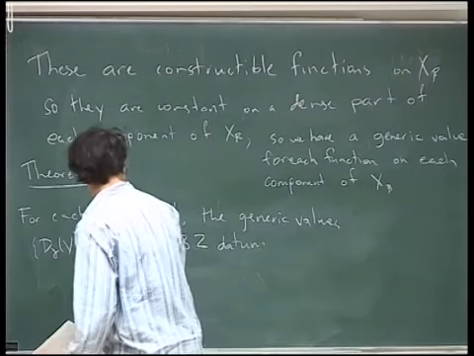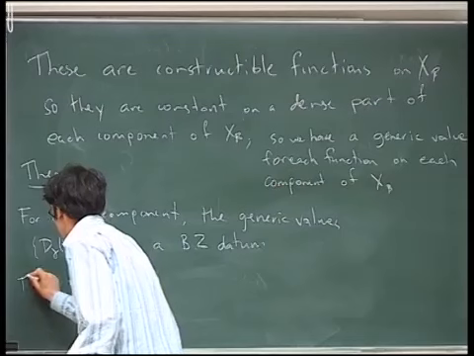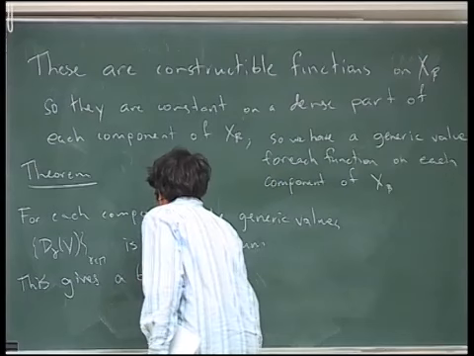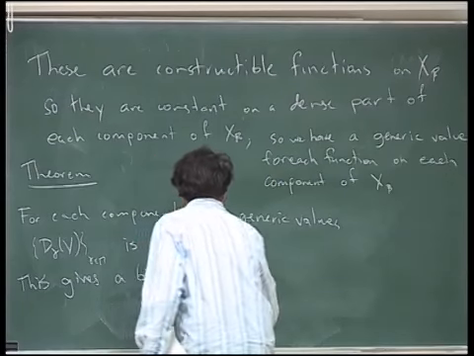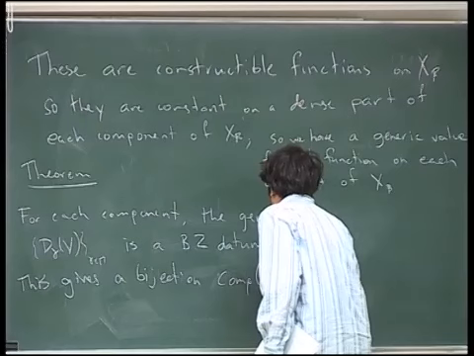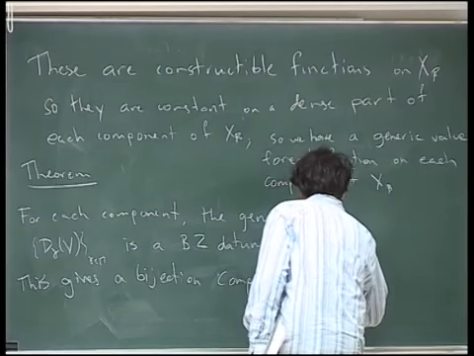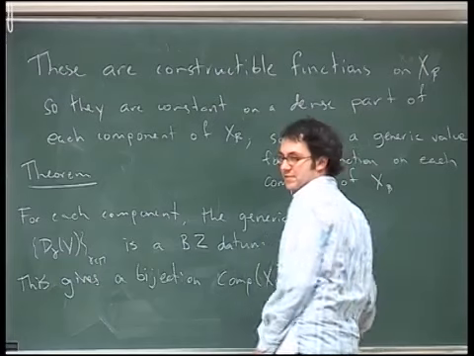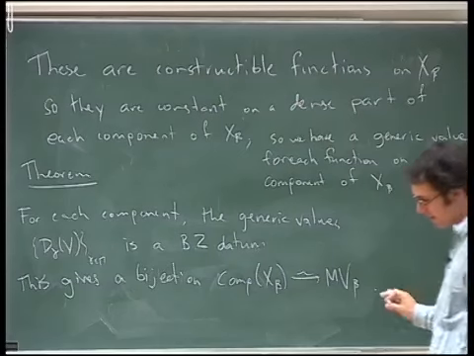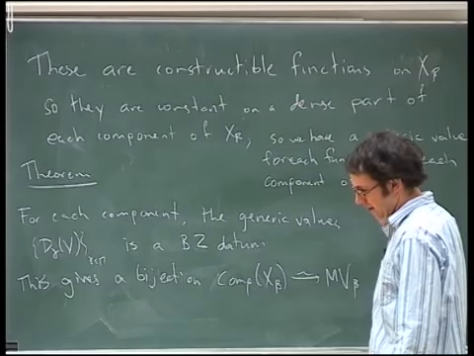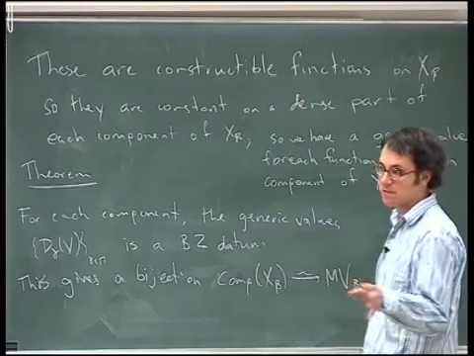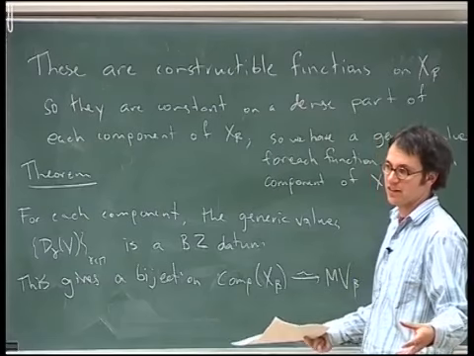And the second part is that this is a different collection of integers for each component. So this gives a bijection as desired from the components of X beta to MV beta. I previously mentioned that there was also a bijection between MV polytopes and something to do with the Mirkovic-Vilonen basis, which is related to Mirkovic-Vilonen cycles, some subvarieties of affine Grassmannians.